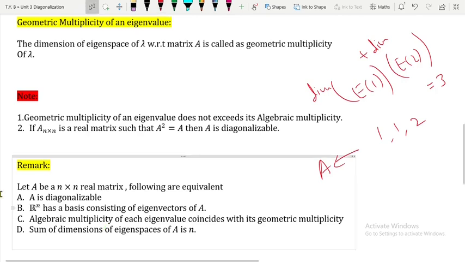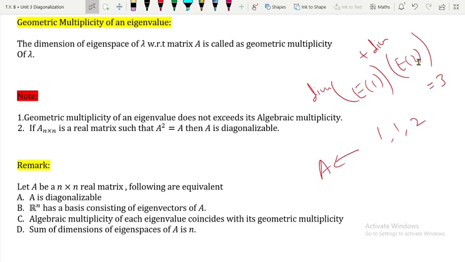So just remember one thing, it is always guaranteed that the dimension of your eigenspace is greater than or equal to 1. It will never happen that the dimension of the eigenspace is equal to 0, because eigenvectors are always non-zero, so the dimension is at least going to be 1.